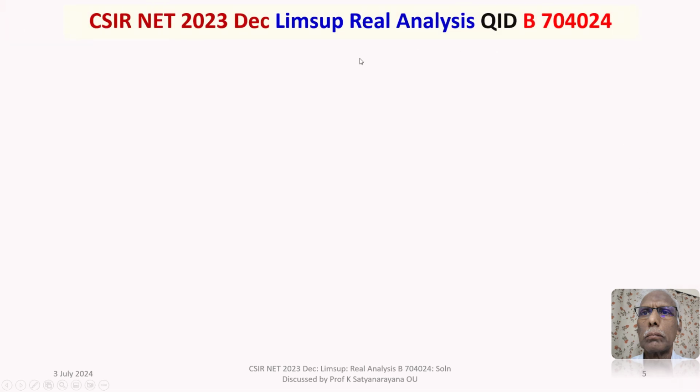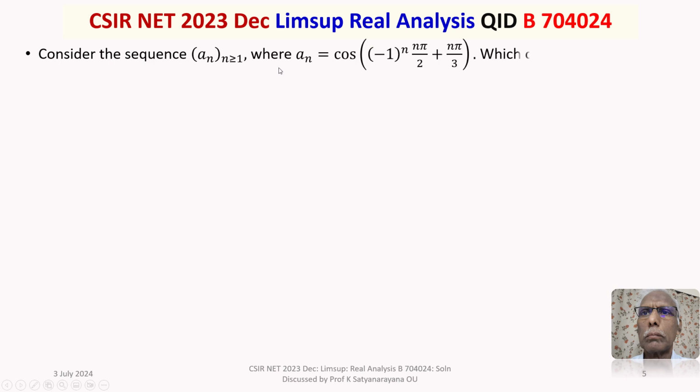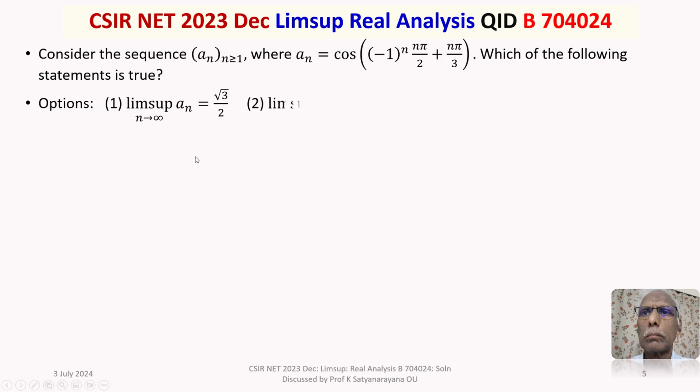The given question is: consider the sequence a_n, n equal to 1 to infinity, where the nth term a_n is given by cos of (minus 1) to the power of n into n pi by 2 plus n pi by 3. Which of the following statements is true? We are given 4 options.